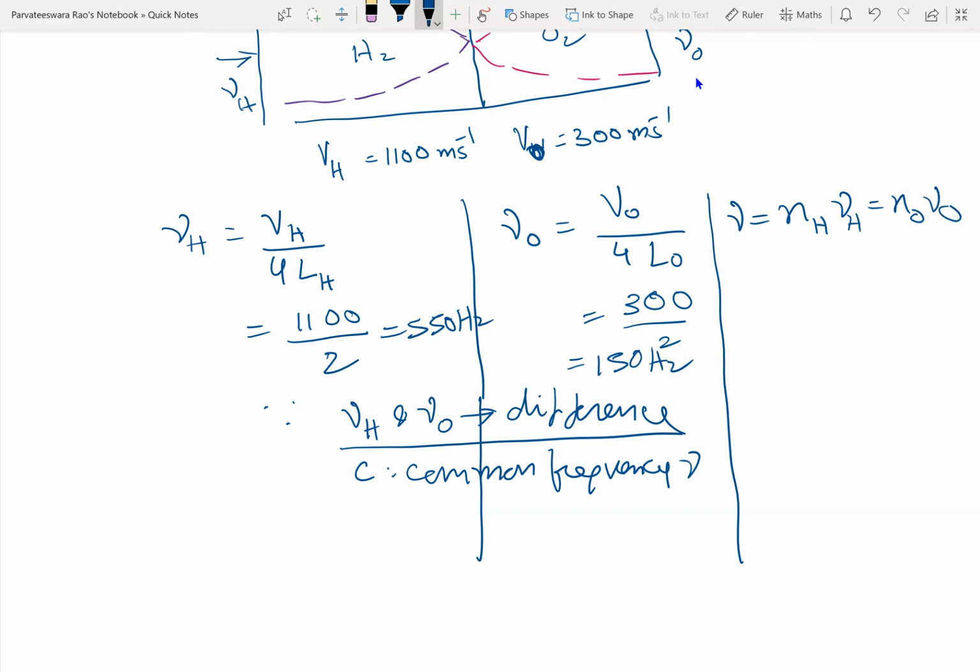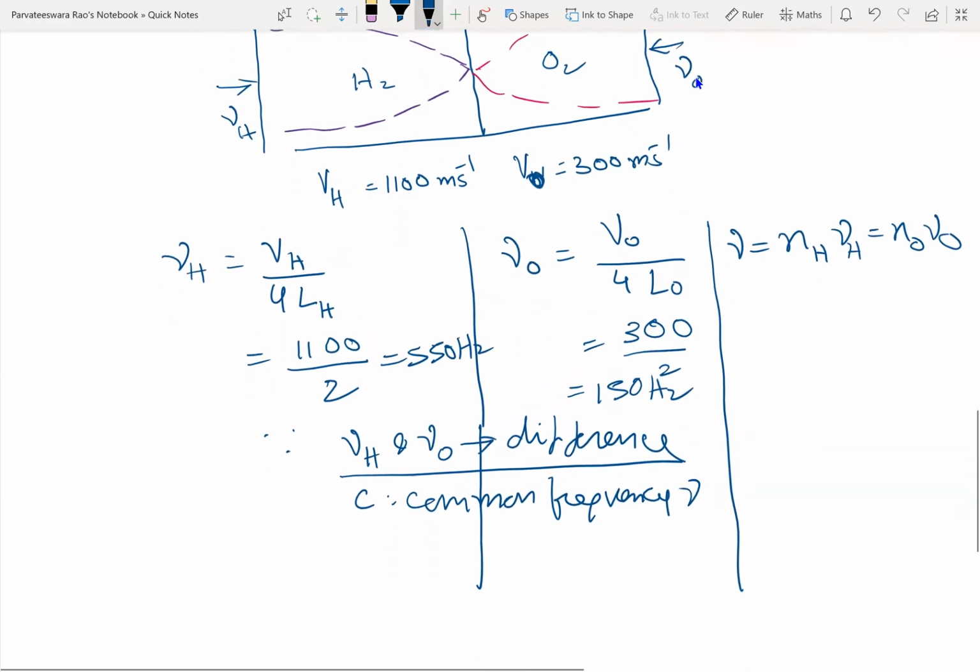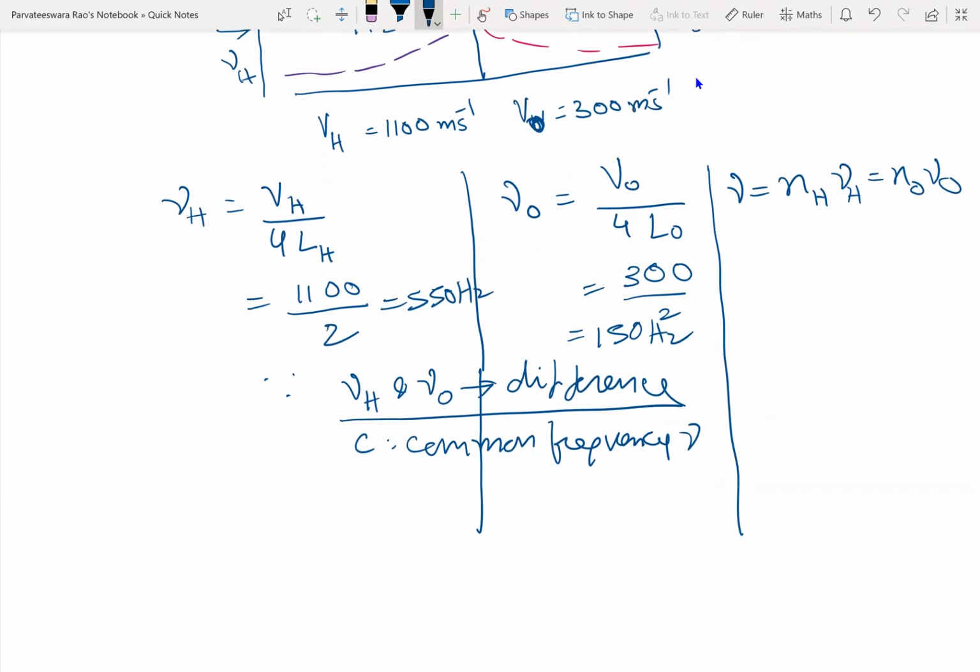N stands for the number of loops formed with antinodes and nodes.